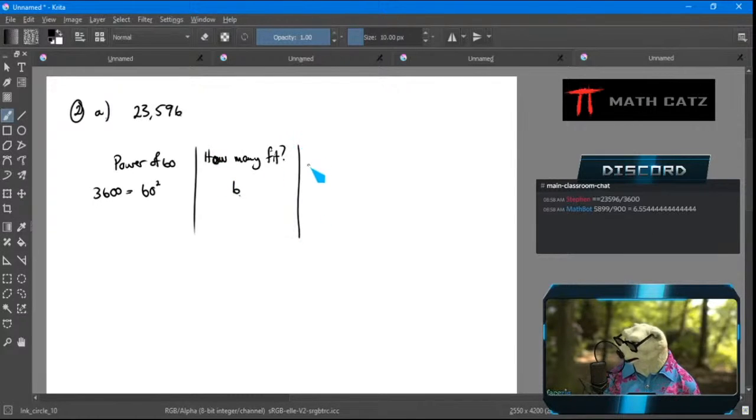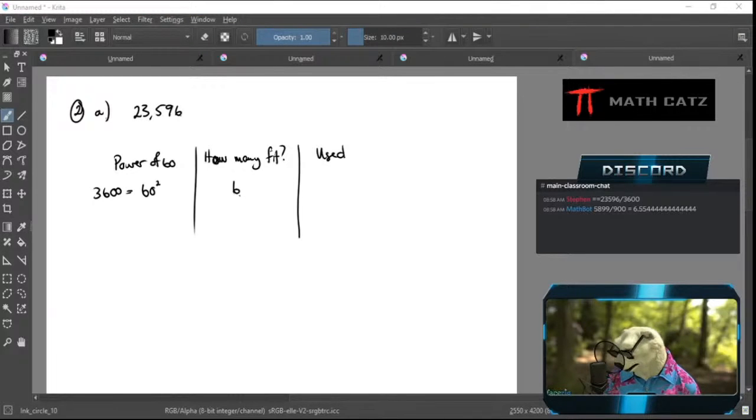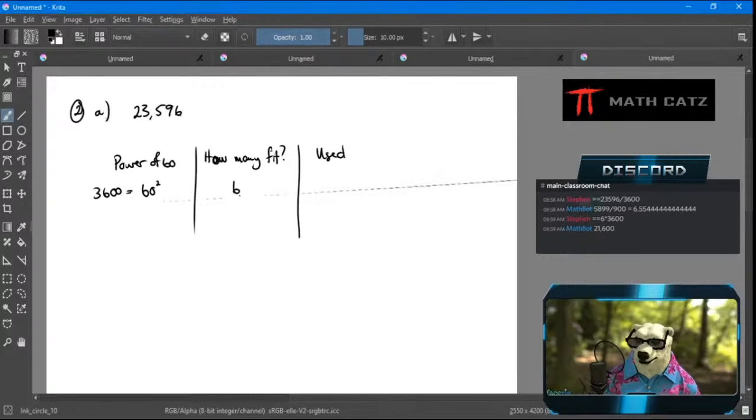Then I want to know, I haven't used all the number. How much have I used? That'll be 6 groups of 3600. So I've used 21,600.